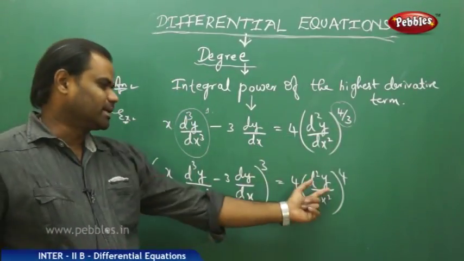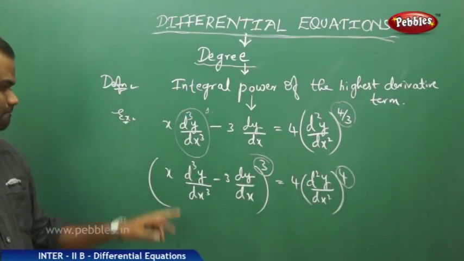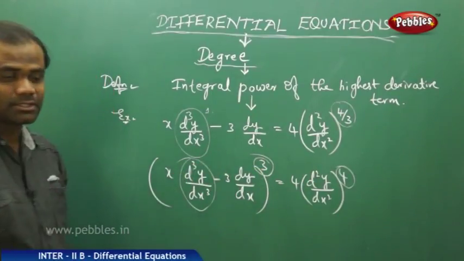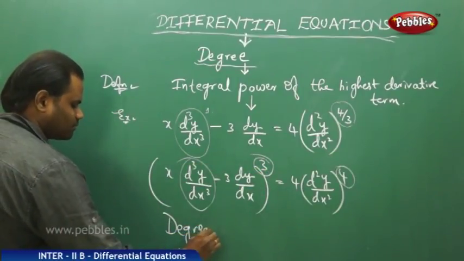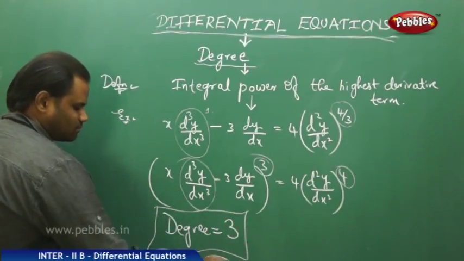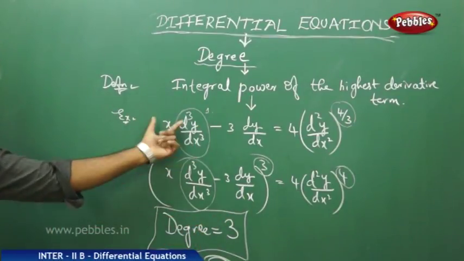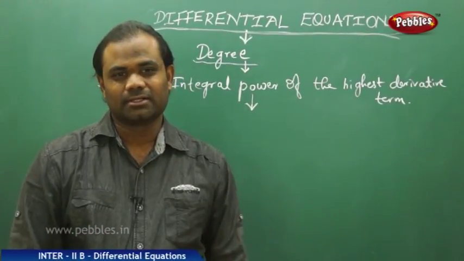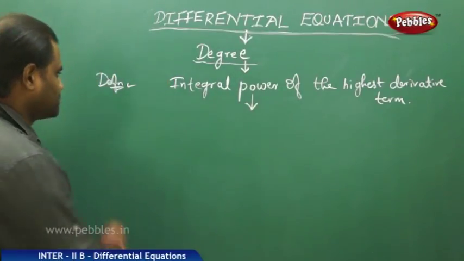So cubing on both sides, it is now reduced to integral powers, and hence the power of the highest derivative, which is d cube y by dx cube, is 3, and hence the degree of the given differential equation is 3. So the degree is 3 for the given ordinary differential equation. Let's practice some problems in finding the degree of the given differential equations.